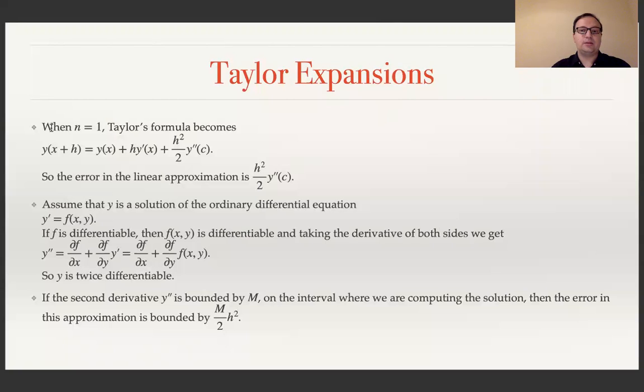In our case, we have that y of x plus h is equal to y of x plus h times y prime of x plus this error term, which is h squared over 2 times the second derivative of y at some point between x and x plus h.